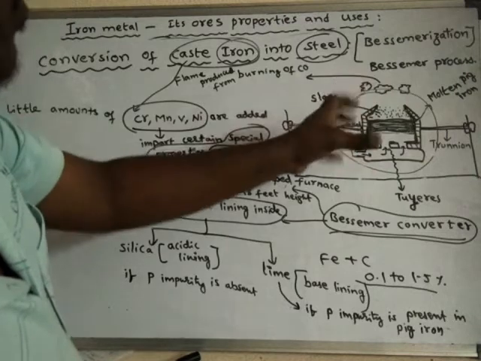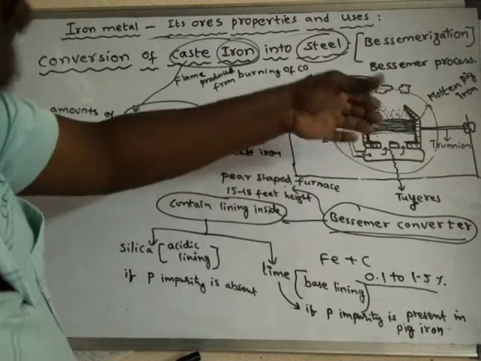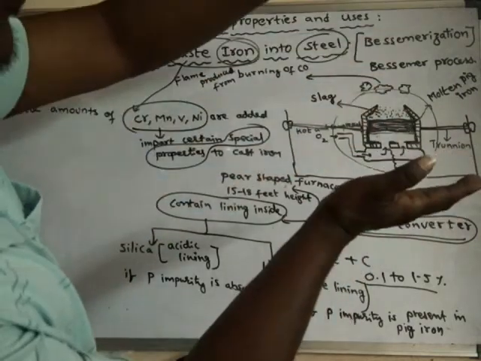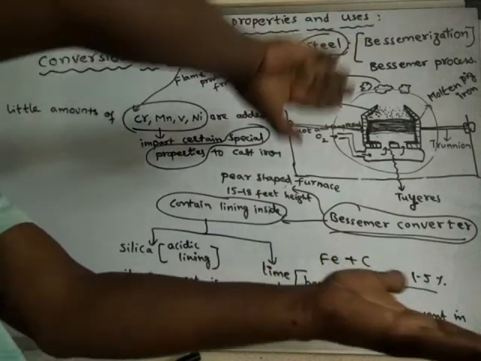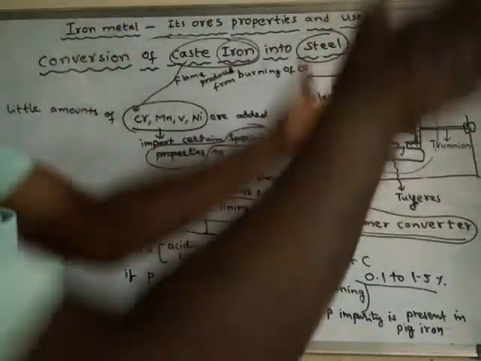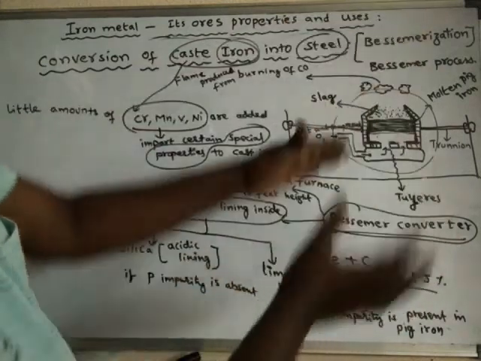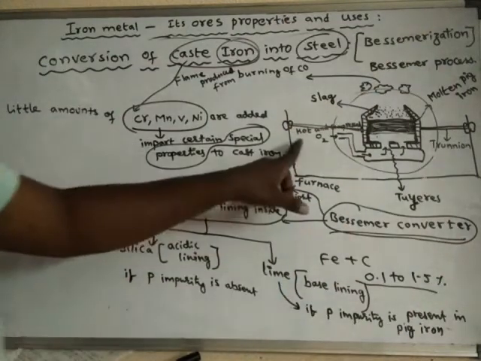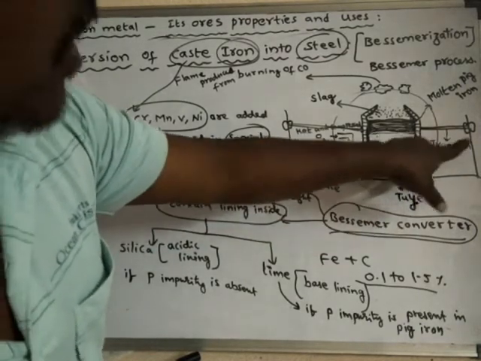Actually it is in vertical position, and it may be made into horizontal position, then again vertical, again horizontal. Like this we can rotate or tilt the Bessemer converter on the trunnion.